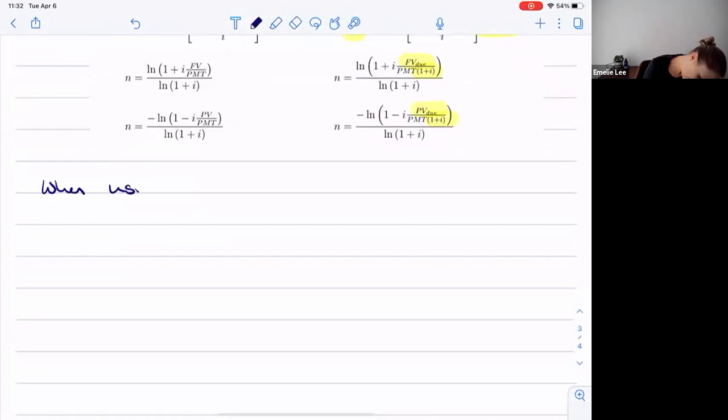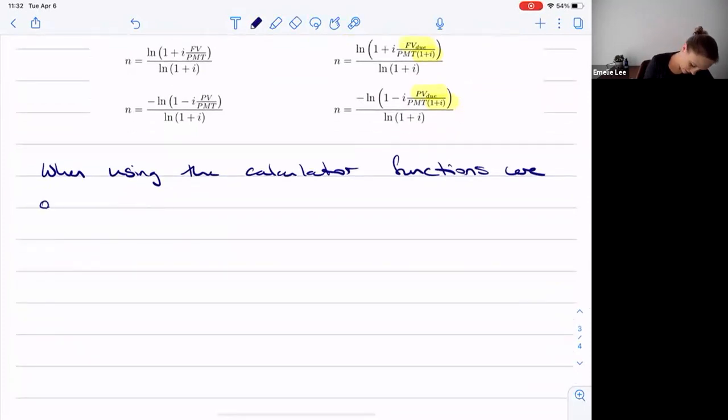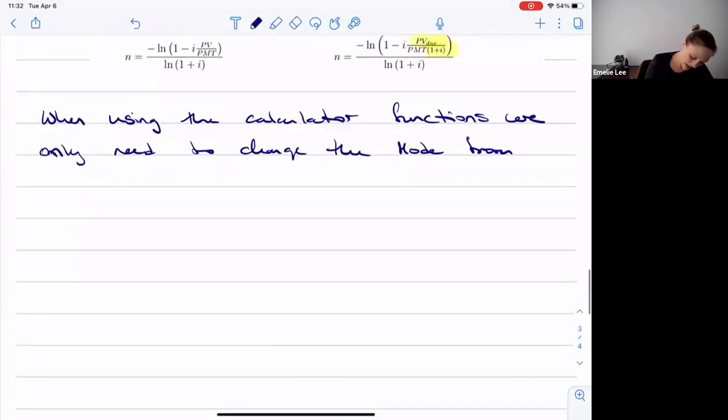When using the calculator functions, we only need to change the mode from end to begin, right?